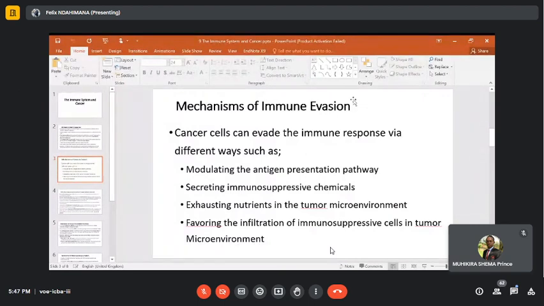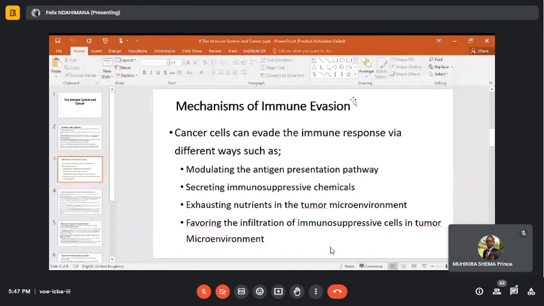So what these cancer cells do is exhaust any nutrient in the tumor microenvironment. This is just another strategy. They'll be like, yes, this is our environment. Now we are going to exhaust any nutrient so that any immune cell that is trying to come in here won't be able to survive, because there's nothing to eat. There is no nutrient.